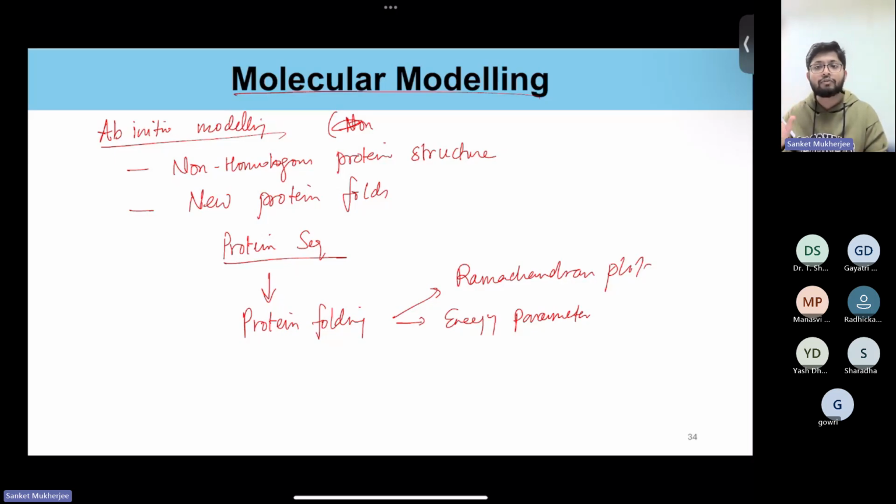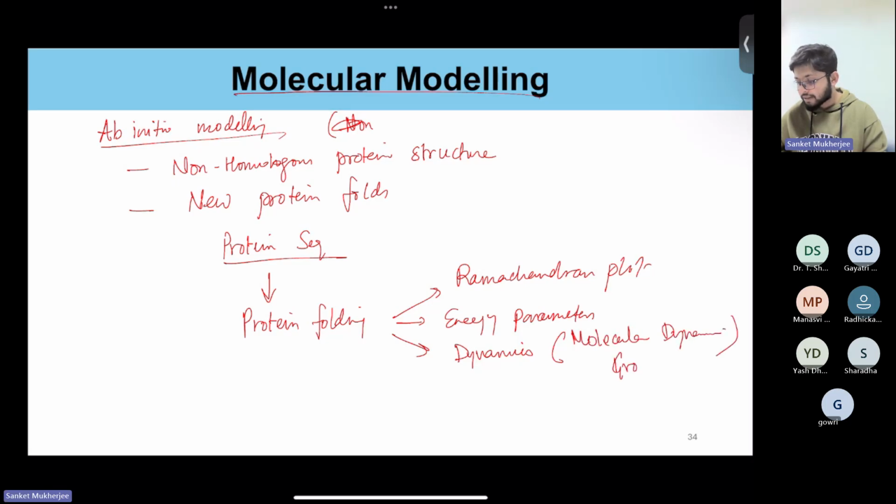The lowest energy parameter would be the most stable. You will also see dynamics. Sometimes in molecular modeling, we also go for molecular dynamics using software like GROMACS, LAMMPS, something like that. And then you get the 3D structure.